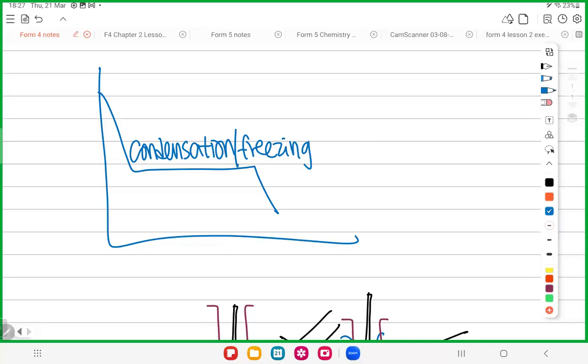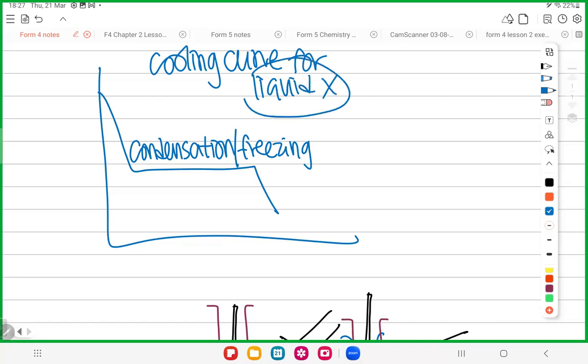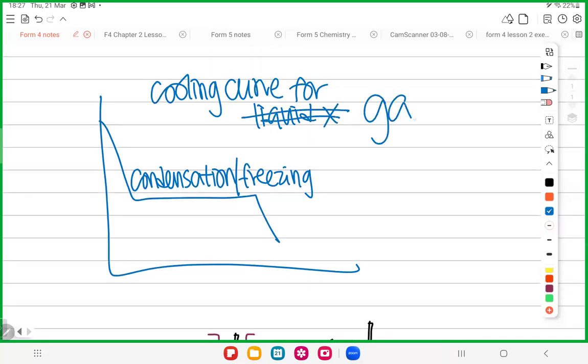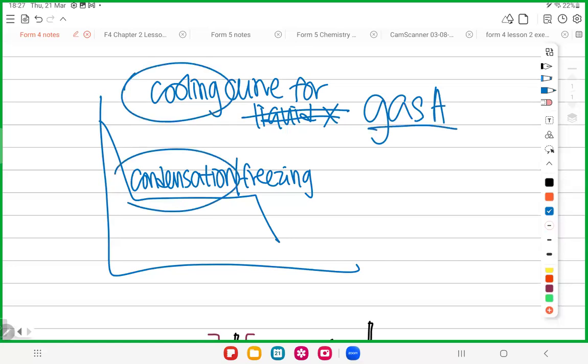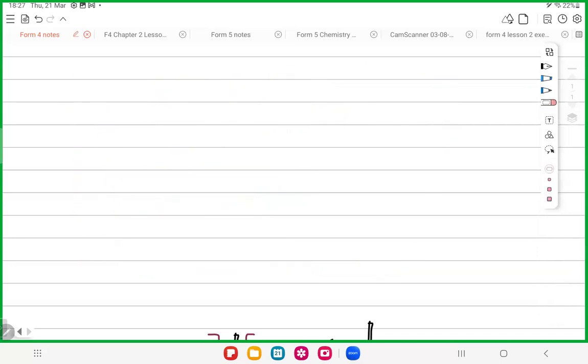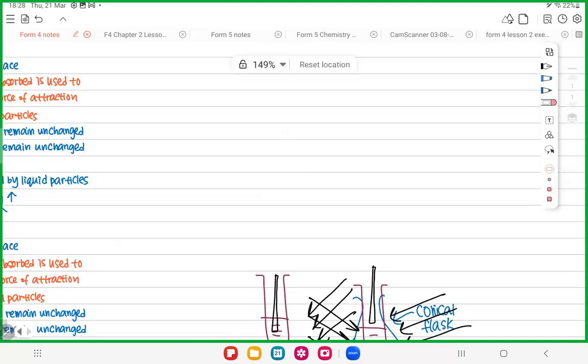If the question says this is a cooling curve for liquid X, you should know already: when you cool down a liquid, it is freezing. But if the question says this is a cooling curve for gas A, you have a gas and you are cooling it down, so it's condensation. That's why you have to be very, very careful when you have one staircase.